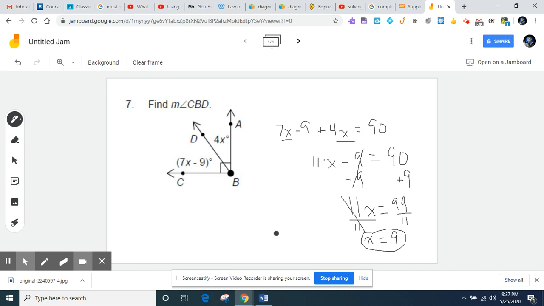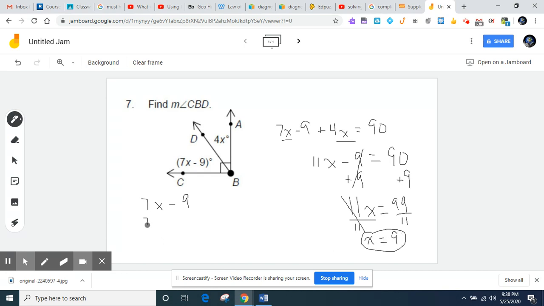But we're not finished yet, because if we notice in the directions, they want us to find the measure of angle CBD, okay? Not just the value of x. So we have to now plug in our value for x into the expression for angle CBD. So angle CBD is equal to 7x minus 9. So I'm just going to rewrite that here, 7x minus 9. And now that we know what x is, wherever we see an x, we're going to plug in 9.